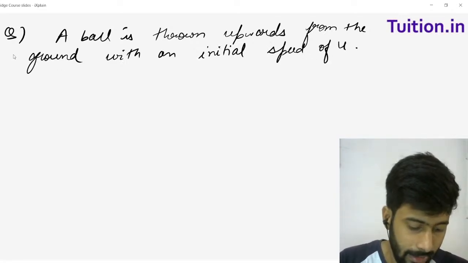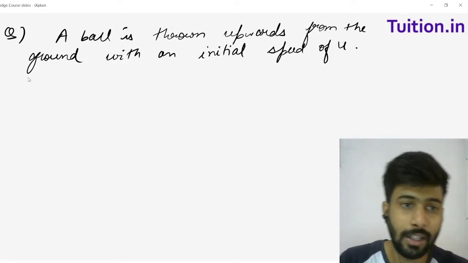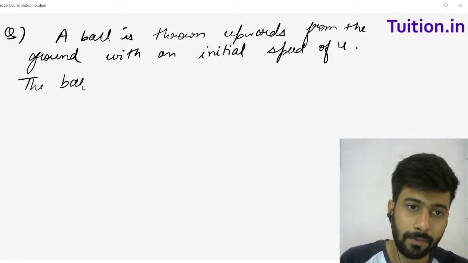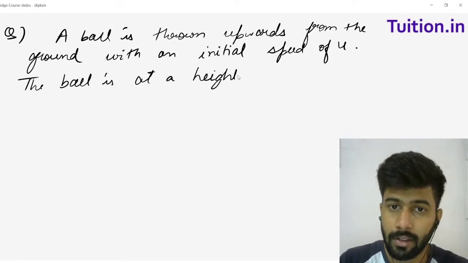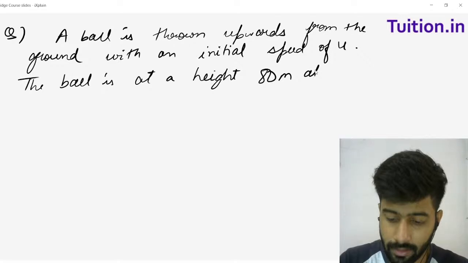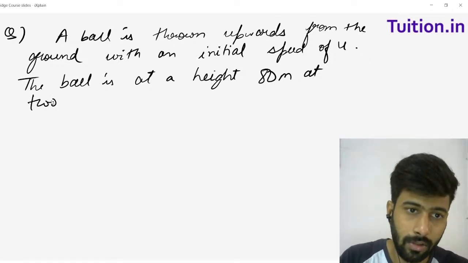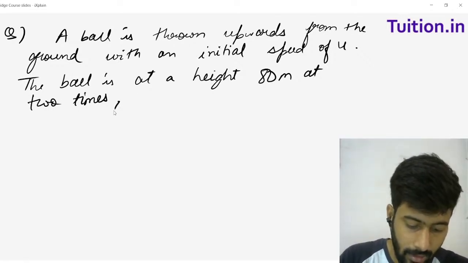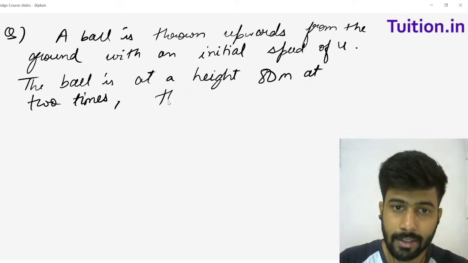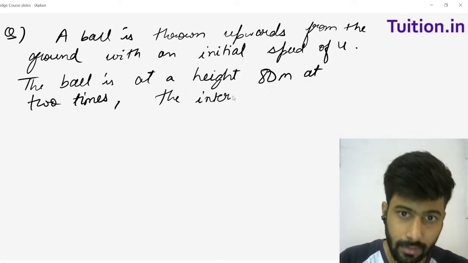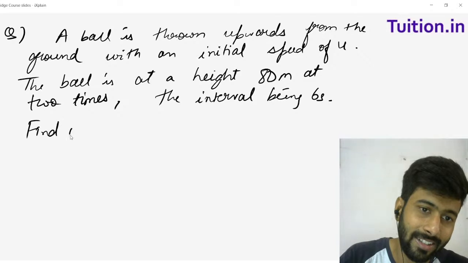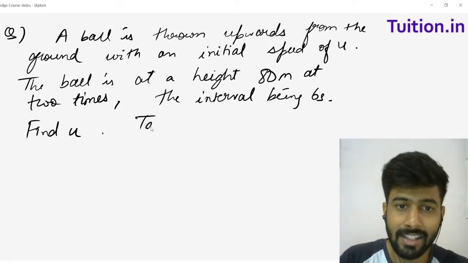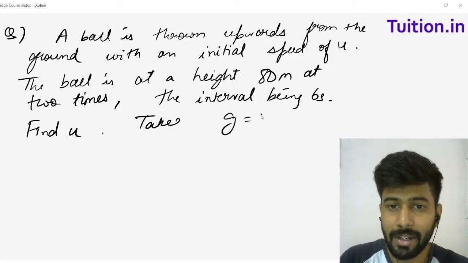The ball is at a height of 80 meters at 2 times, the time interval being 6 seconds. Very tricky problem. Find u, take g equal to 10 meter per second square.